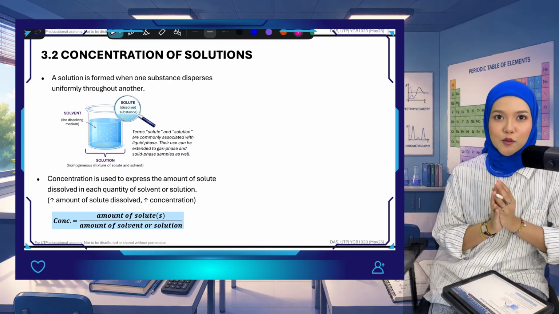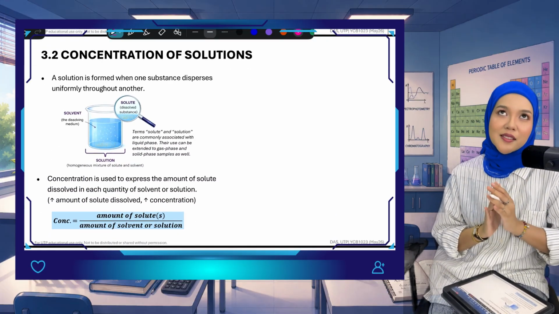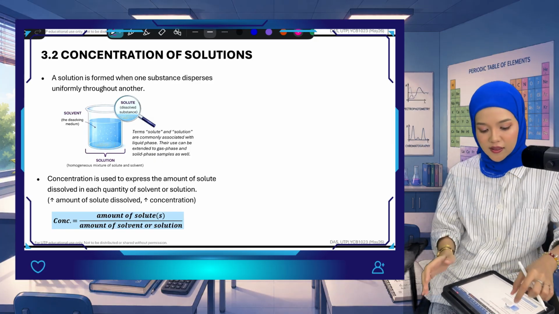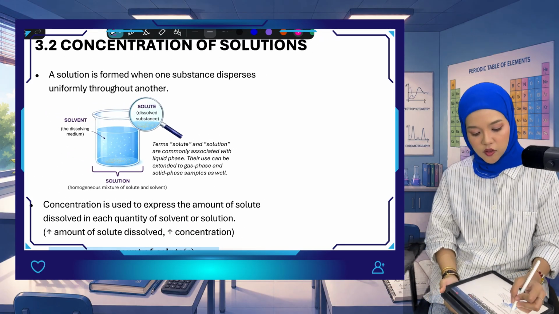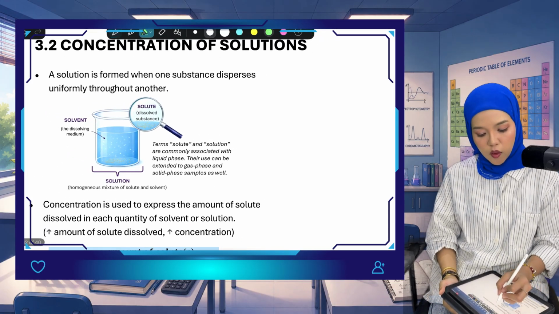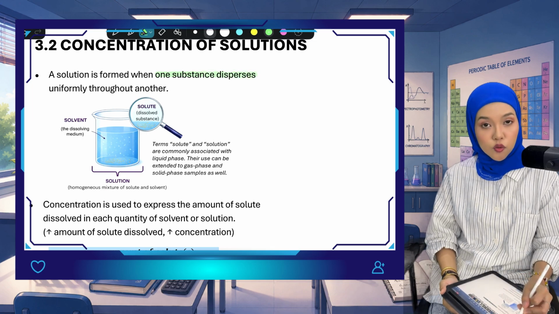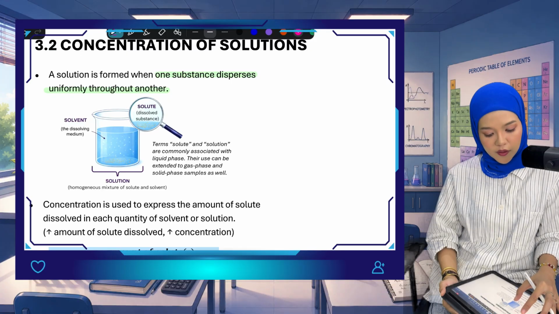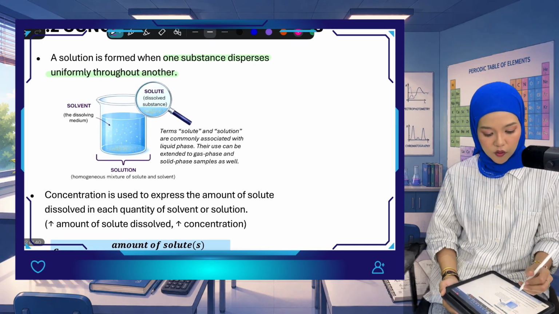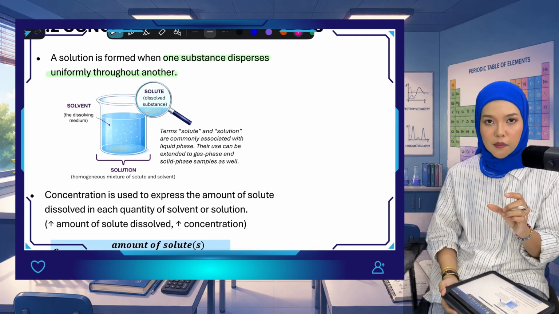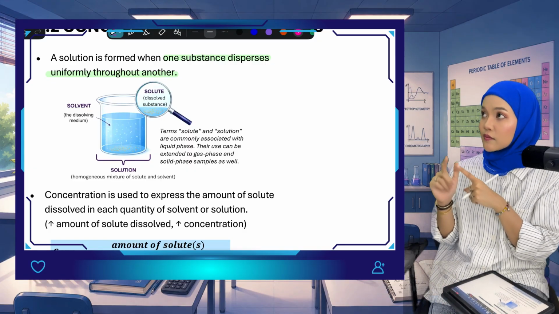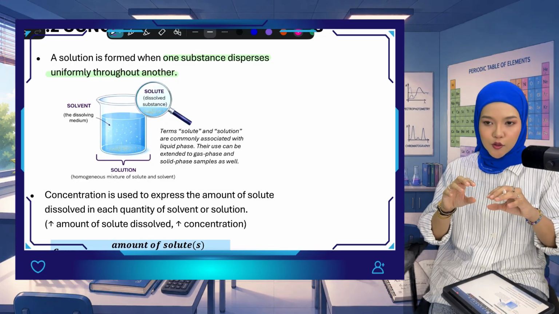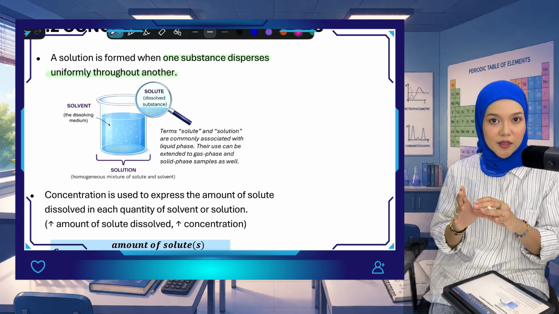Before we move into concentration of solutions, let me recap what a solution is. A solution is formed when one substance disperses uniformly throughout another. A solution is made up of solute and solvent, so you need to know how to differentiate between them.